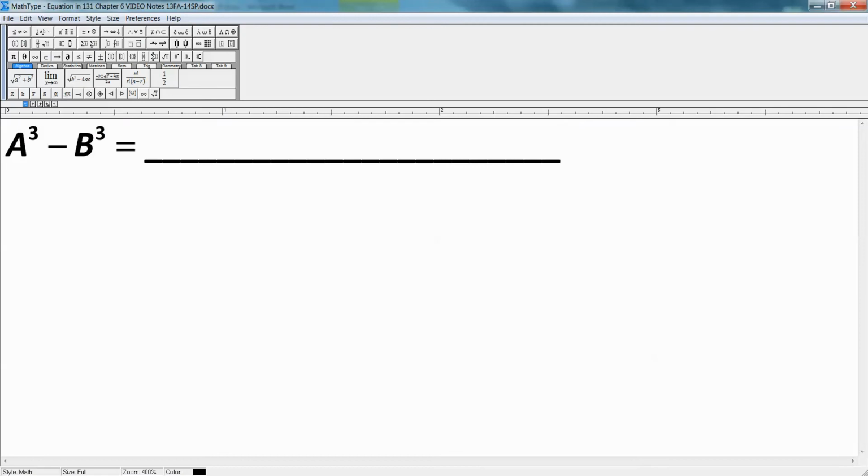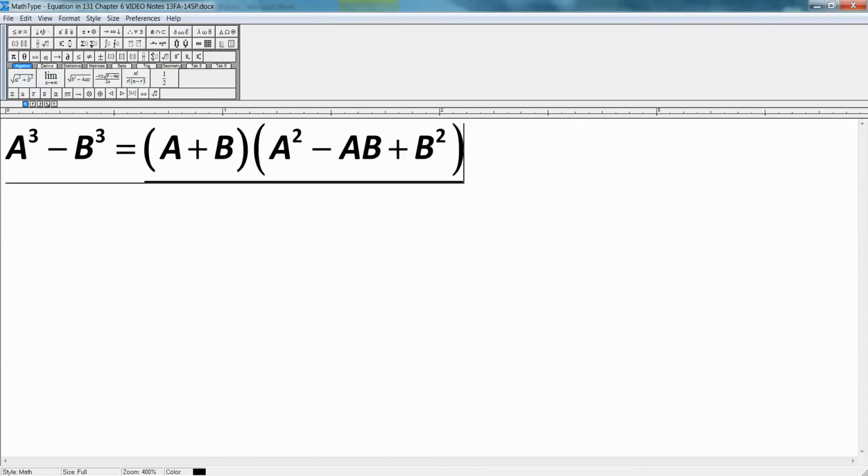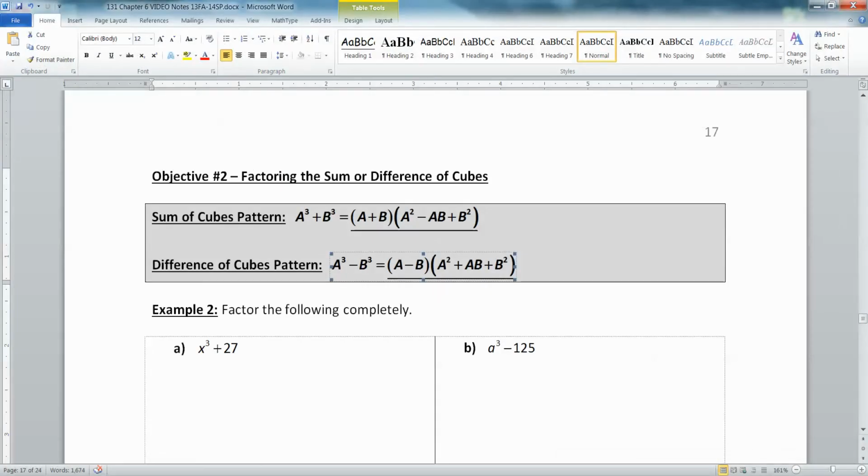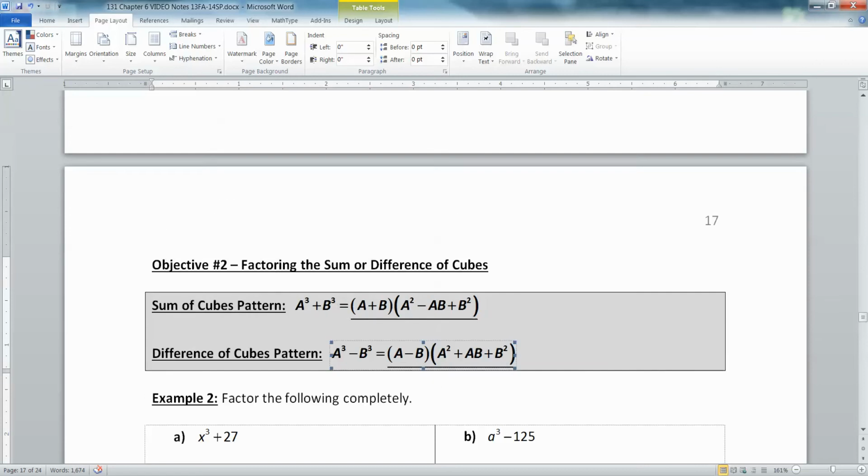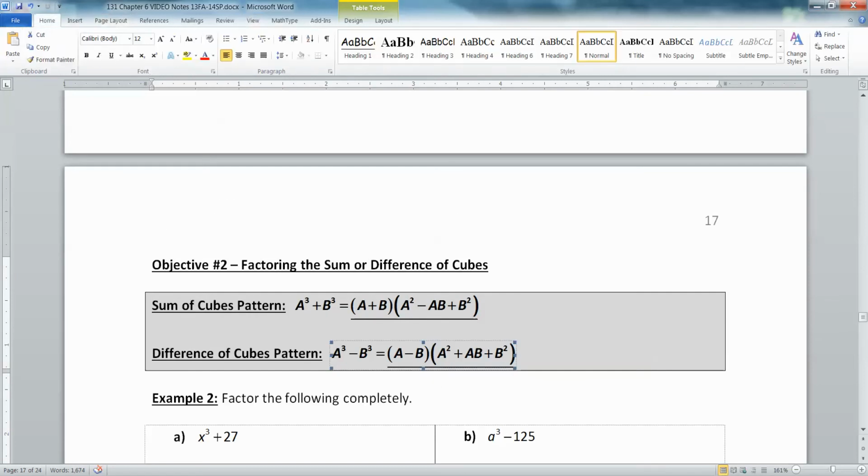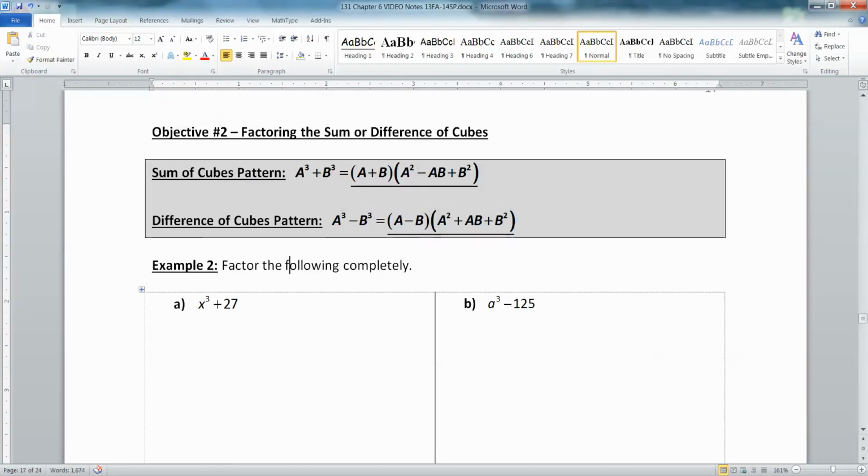And then the difference one looks practically identical, except it has the minus and the plus reversed. Now again, this is not a formula for memorization. Instructors generally don't make you memorize this. It's given to you on the formula sheet on the final exam. But it's useful because we run into cubes a lot.